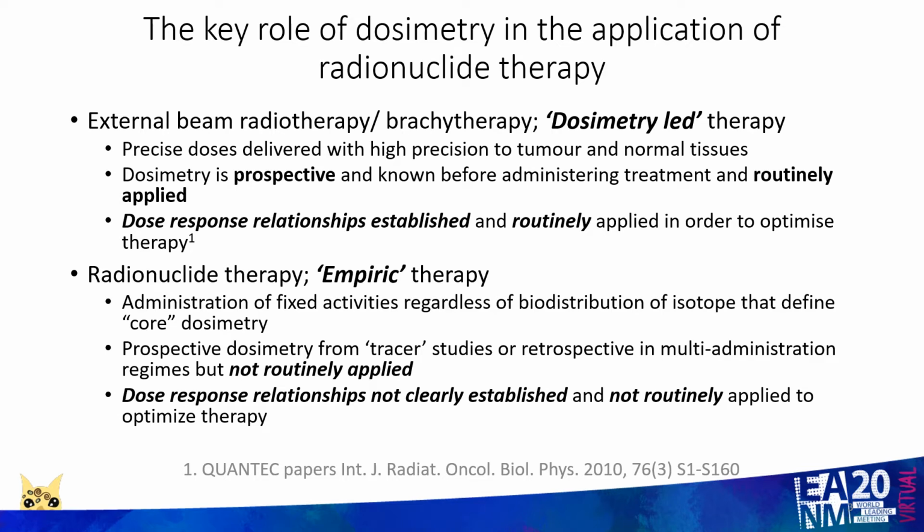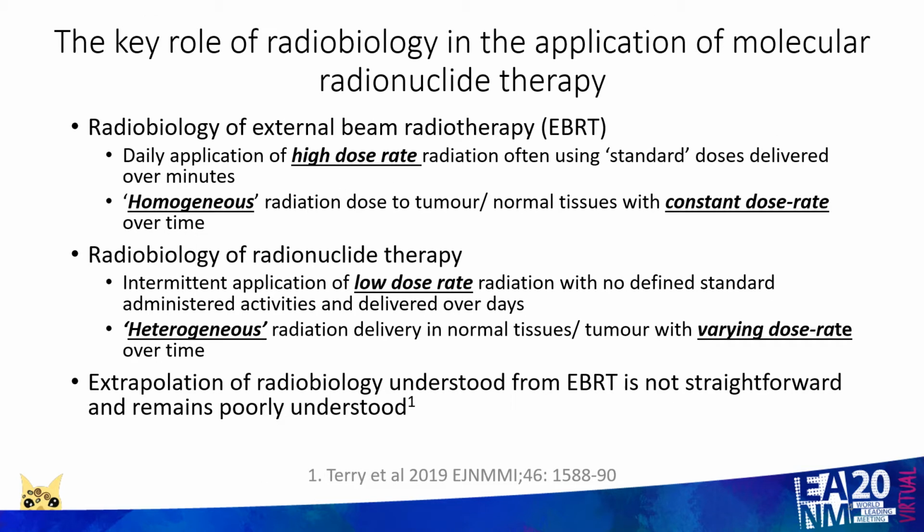However, in general, routine radiation dosimetry is not performed, and this, combined with the complexity of the treatment, means that dose-response relationships are not so clearly established in radionuclide therapy and are therefore not available to be used to optimize therapy.